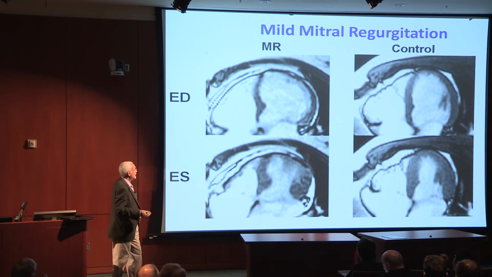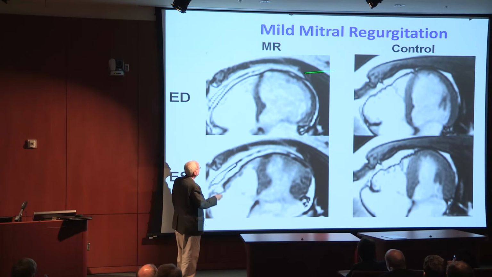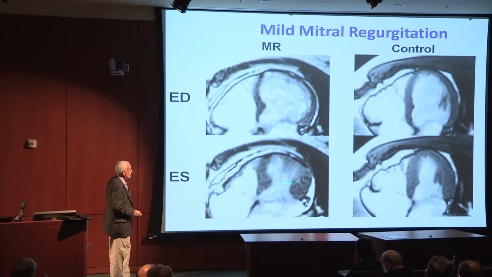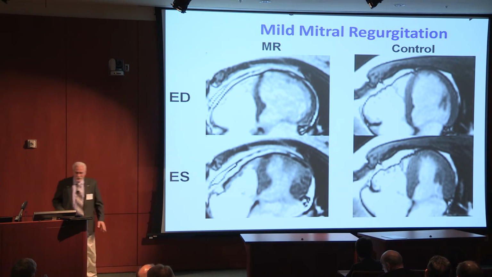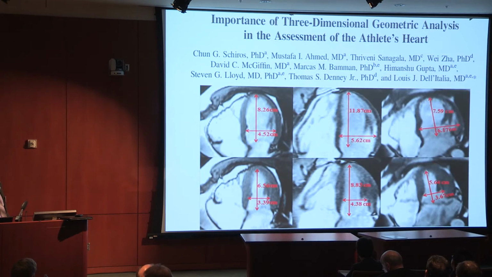It's large. And what happens is that even in mild mitral regurgitation, as opposed to the elliptical shape of the ventricle here, there is a spherical apical remodeling, and also at end systole, so that the dimensions that you measure at the base of the heart actually belie the marked increase in end diastolic and end systolic volumes.